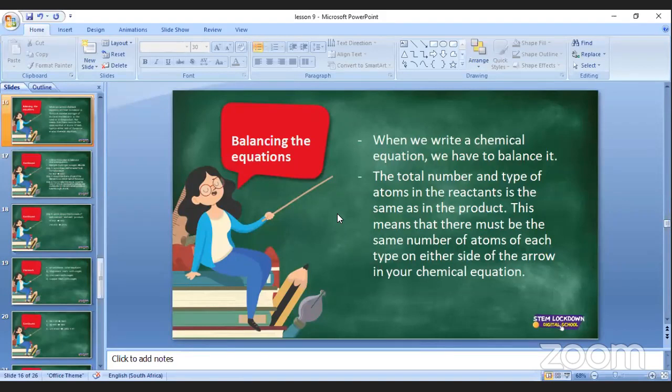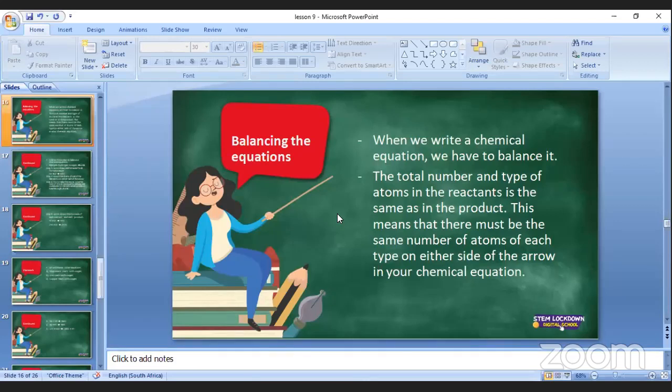The total number and types of atoms in the reactants is the same as in the product. As I said, what you put in, your reactants, must be equal to your product, regardless of the name of the product. Are we clear on that one?